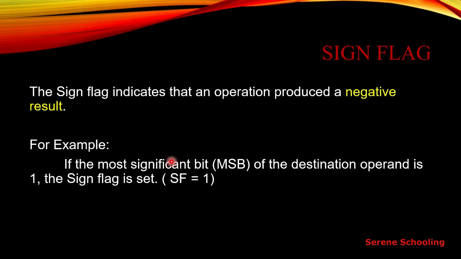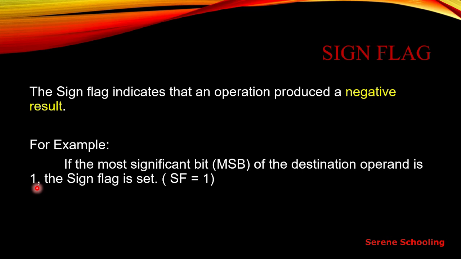If the most significant bit, MSB, of the destination operand is 1, it indicates that our result is going to be negative, and if it is 0, it means our result is going to be positive.